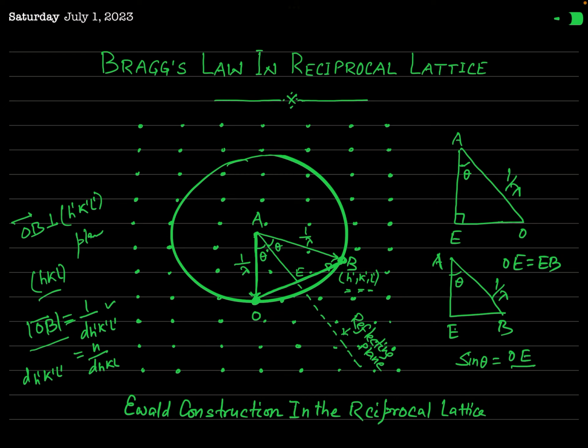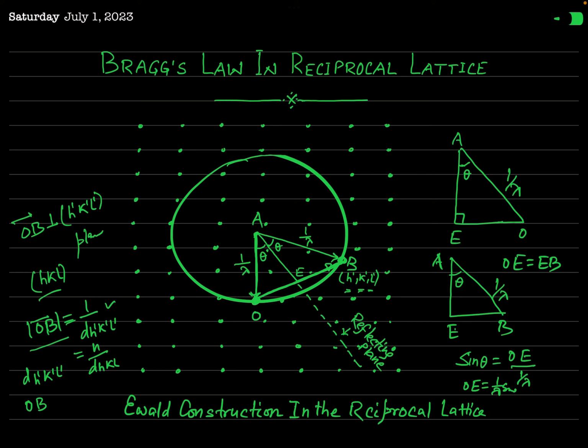And OA or AB is actually 1 over lambda, and so this OE is equal to 1 over lambda times sine theta. But EB is also equal to OE, so what will the length of OB be?